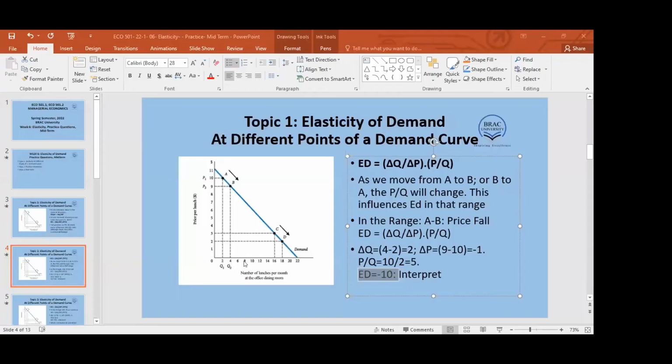That means just for a little price change, people are demanding much more. When people demand much more due to a little price change, demand is highly responsive. That means people are willing to buy more. That contributes to the revenue of the firm. Okay? Right? Yes, sir. So we can understand this far; I will explain the interpretations later.